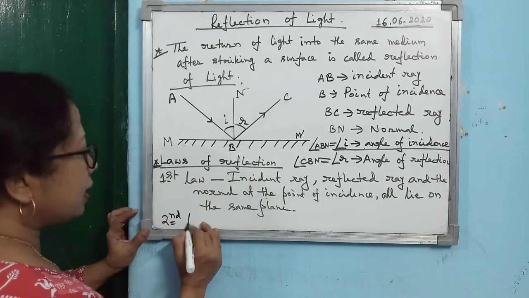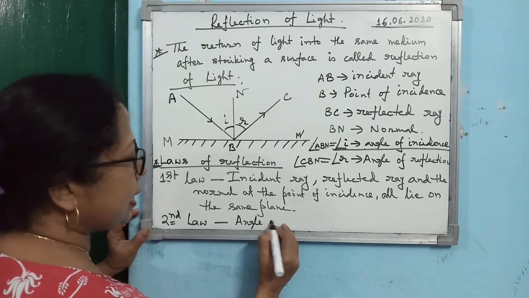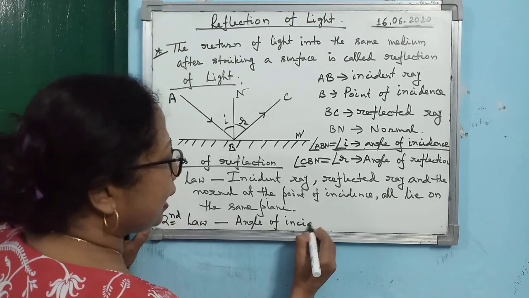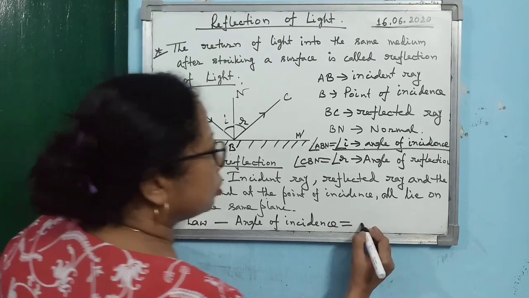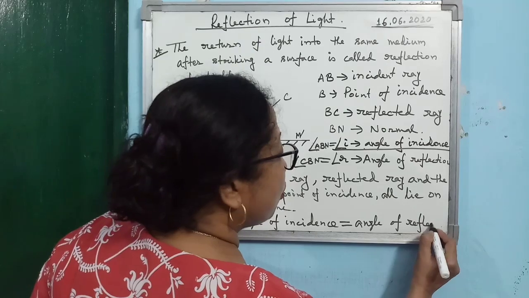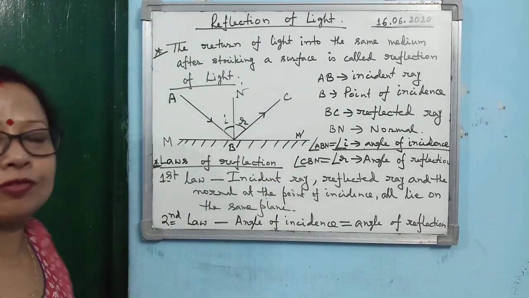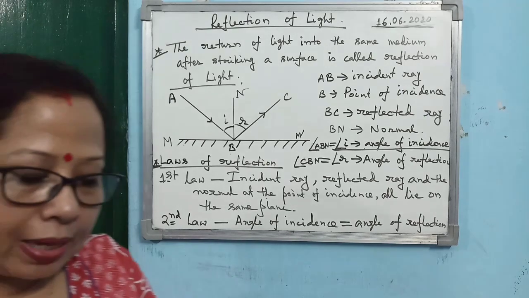Then what is the second law of reflection? Second law of reflection is angle of incidence is equal to angle of reflection. Alright, always it takes place that angle of incidence and angle of reflection, these two should be equal.